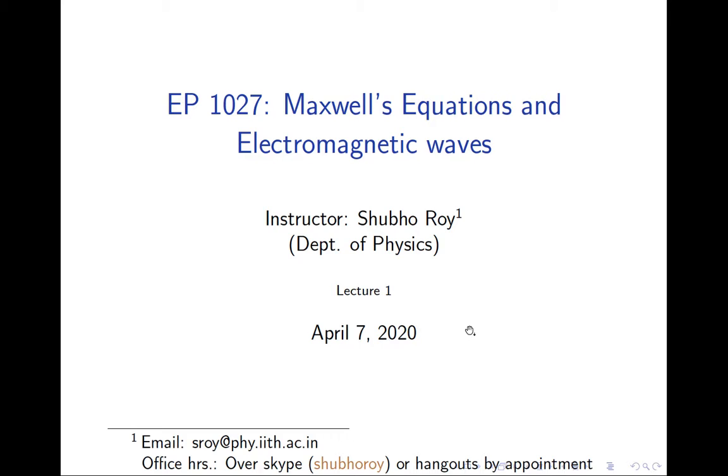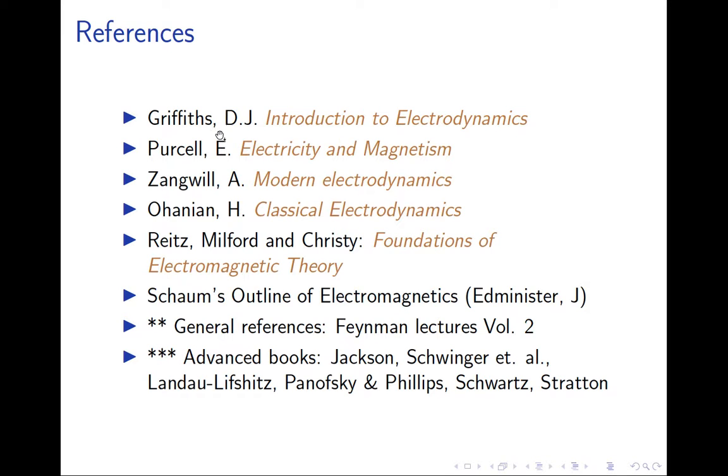So let me begin by noting down the references, the literature which I will from time to time follow, but not in a linear fashion. The main reference for this course is this textbook by Griffiths, which is the standard in most undergraduate courses at the freshman or sophomore level.